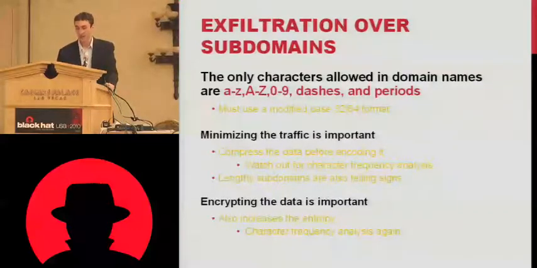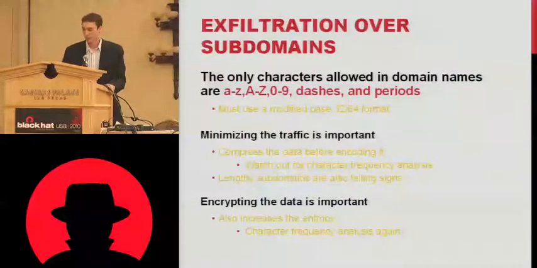Now, minimizing the traffic when you do this type of thing is important because you don't want to be shooting off 500 queries in a couple of seconds because of behavioral analysis. So typically, you're going to want to do some sort of data compression before you do this. But one thing you have to watch out for at that point is character frequency analysis, because compressing the data is going to increase the entropy of it.